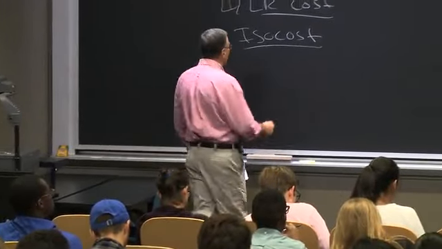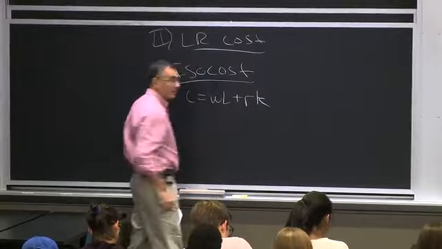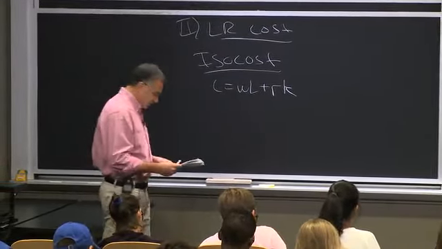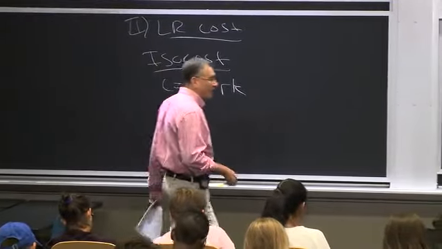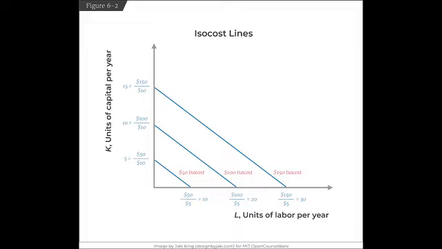They're essentially mappings of the function C equals WL plus RK, for different amounts of K and L. So if you look at figure 6.2, here we see our iso-cost lines. Let's talk about this for a second.